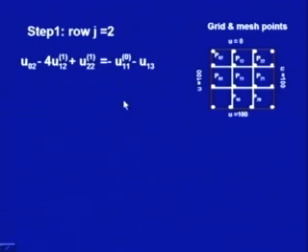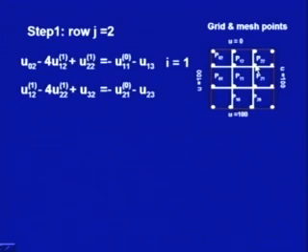So, the right hand side would actually be minus 100, but let us first write the second equation as such, that is for the point u22. For the point u22 we would get u12 minus 4 u22 plus u32 is equal to minus u21 minus u23. u23 and u32 are boundary points, one is 0 and another is 100, and the initial guess u21 is 0.